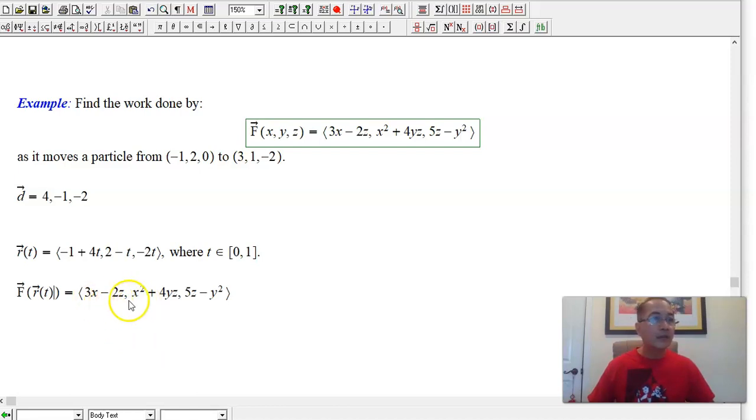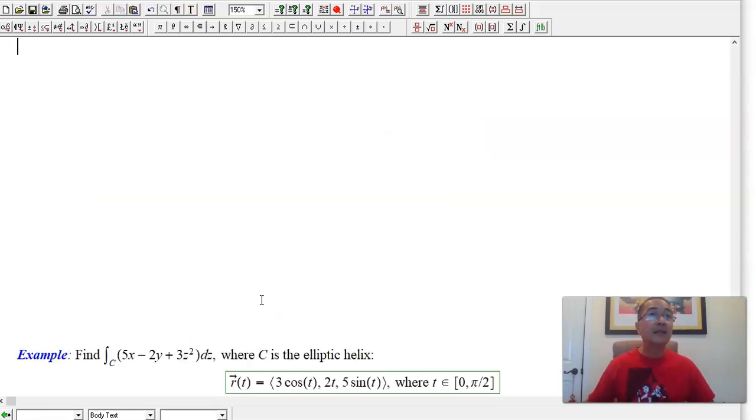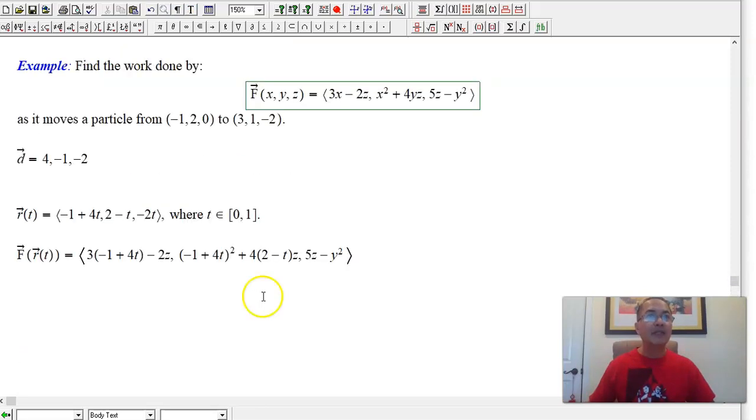We have 2 x's over here, so replace x with that and that. We've got 2 y's. Y is over here, so we multiply 4 times this. Remember to put parentheses. Keep using page down.